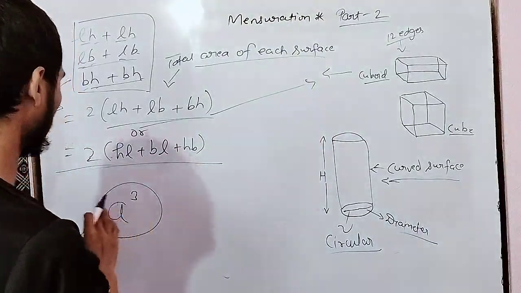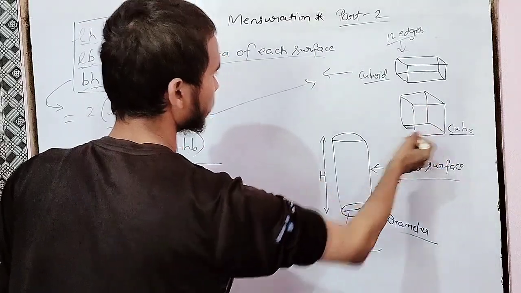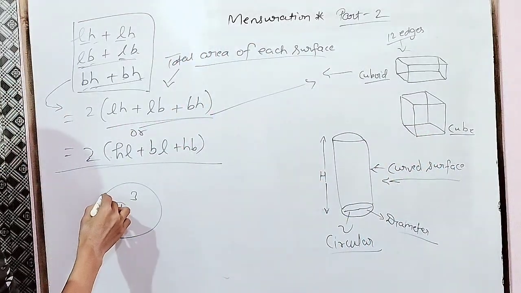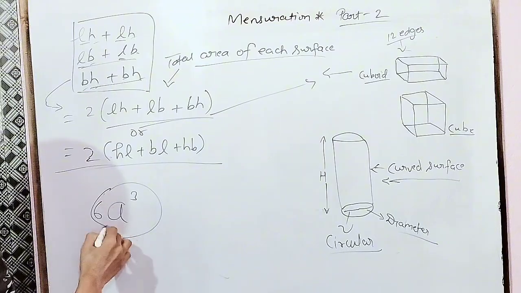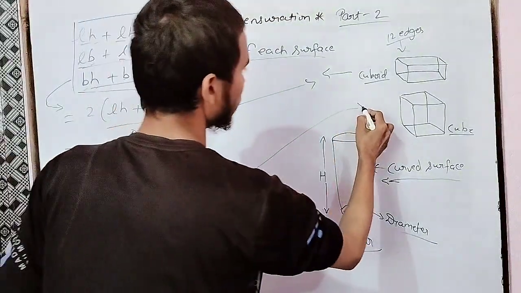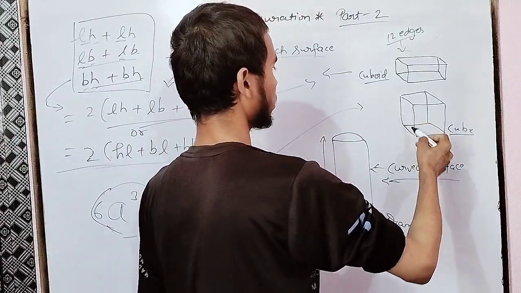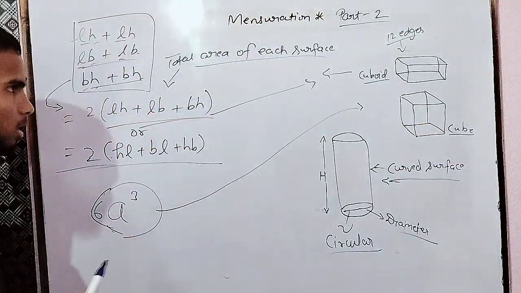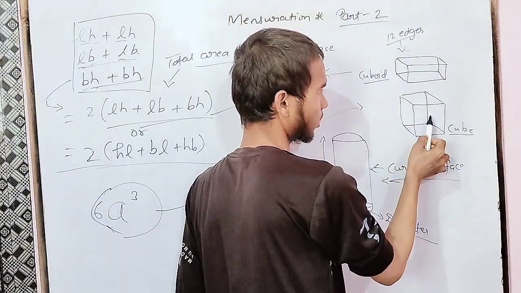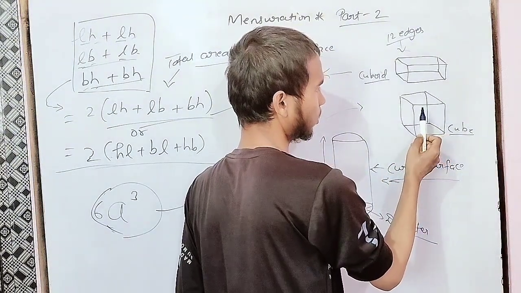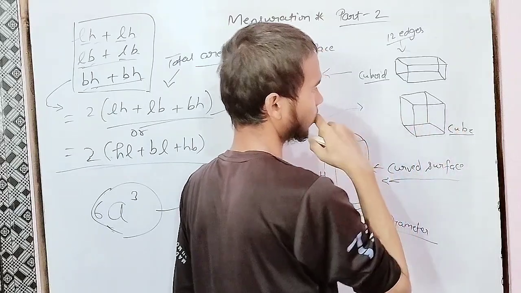Similar here. So we have three units here. How much? 6. One second. 1, 2, 3. 1 and 1, 2, 3. 2. 1, 2, 3. 4. 1, 2, 3. 5.